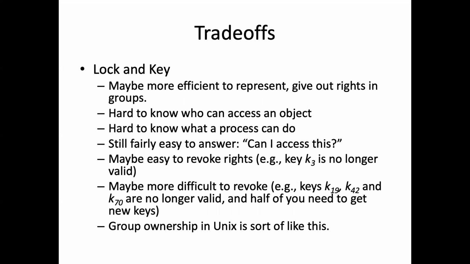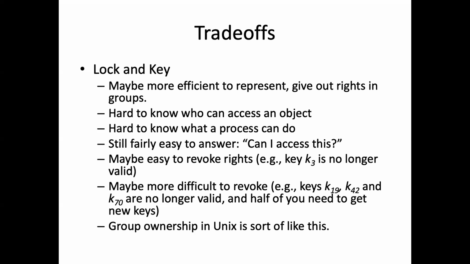The mechanism we just talked about, a lock and key mechanism, is maybe even harder to answer questions about. If a particular process tries to open a file, or tries to access a particular object, what is it permitted to do? Because we have to look at two lists. We have to look at all the keys associated with a particular domain, and all the keys associated with a particular object.